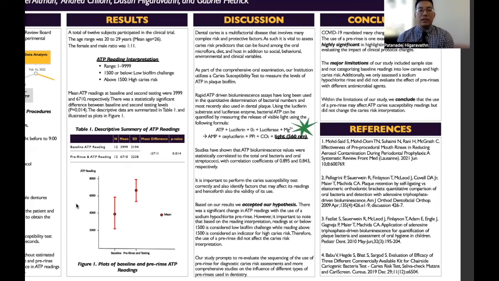Using luciferin and luciferase enzyme, it breaks down ATP so then we can quantitatively determine the amount of bacterial numbers. Bacteria is broken down into bioluminescent visible light at 560 nanometers. It is strongly correlated that ATP bioluminescent light has a relationship with oral bacteria and oral streptococci.